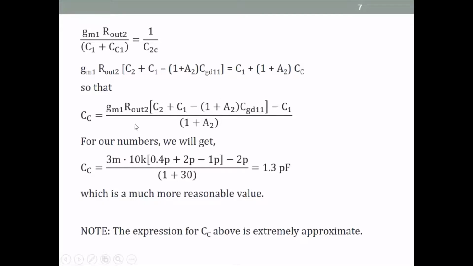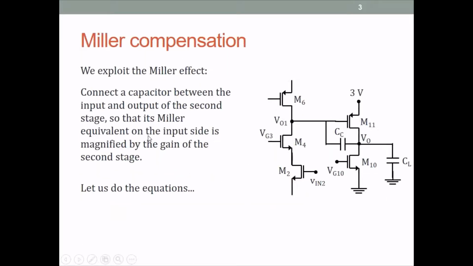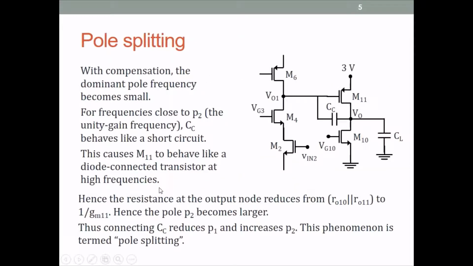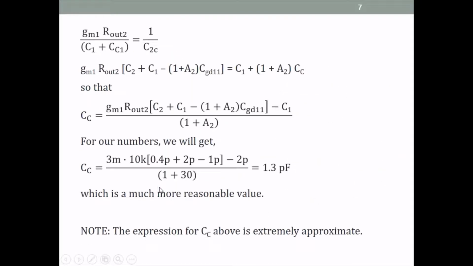And if we put in our numbers, the numbers from here, these numbers 3 milli, 300k, 10k, 2 pico, 0.4 pico, then we put all these numbers and we get CC to be 1.3 picofarads, which is of course a much smaller value than what we had got for CX, which was 324 picofarads.